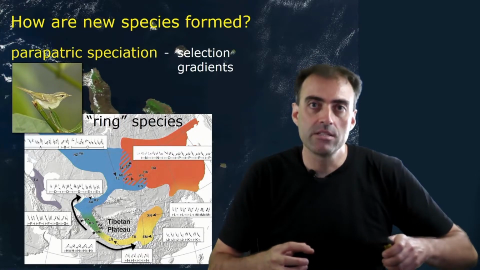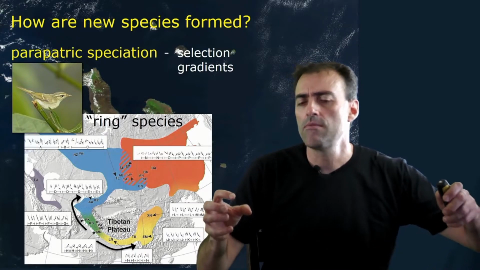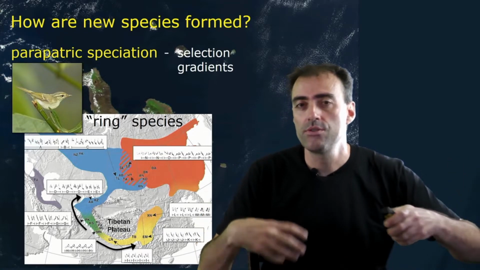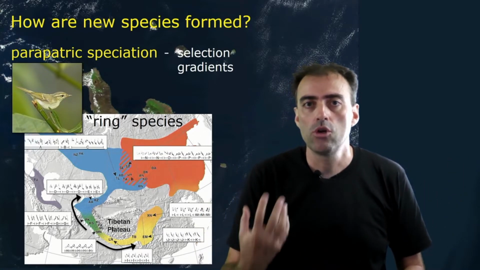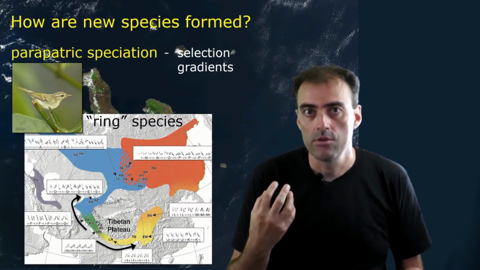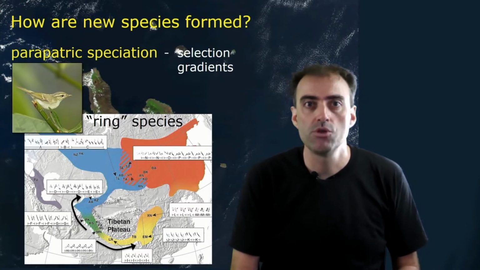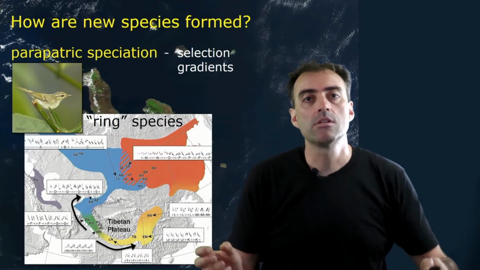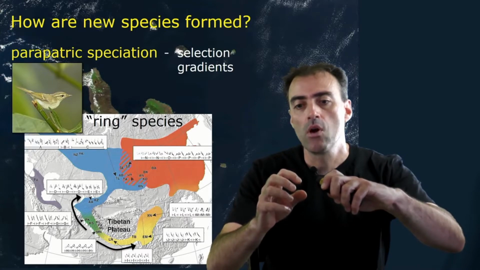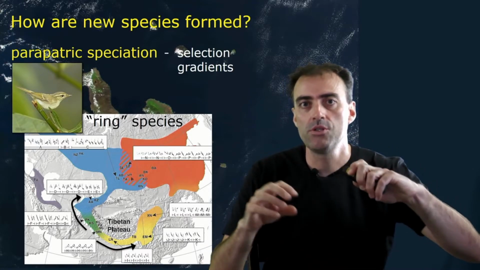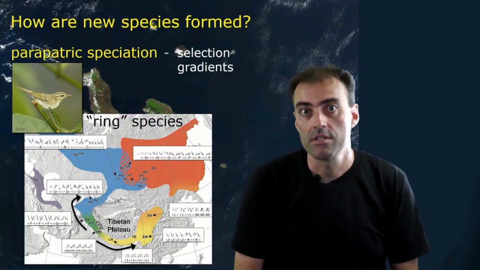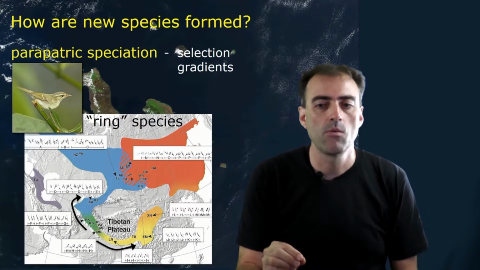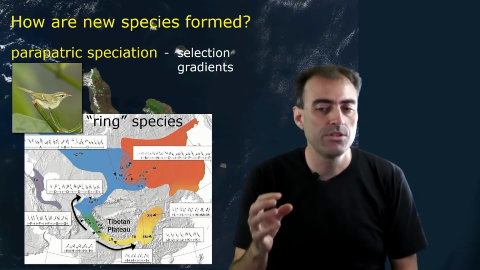It expands out its range, experiences slightly different environments, and it progressively adapts or changes through general accumulation of stochastic changes through random mutation and those sorts of processes, maybe adaptation as well. But by the time they come to the ends, although they start off as a single species, they no longer recognize each other as the same species. So this is another example of how tricky it can be to define whether this is actually a single species or not.